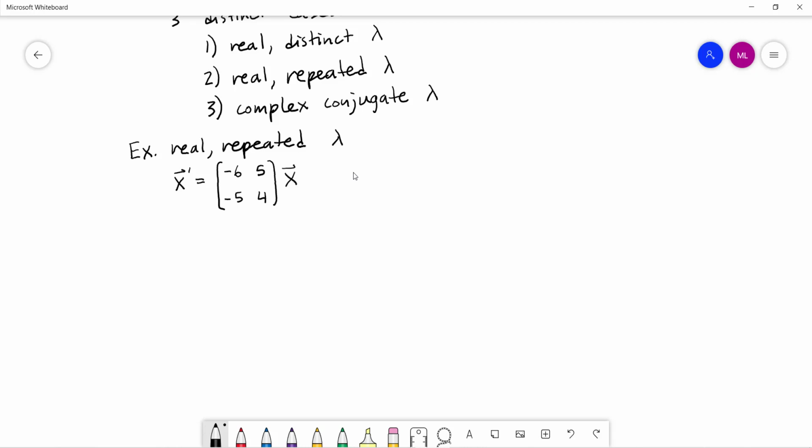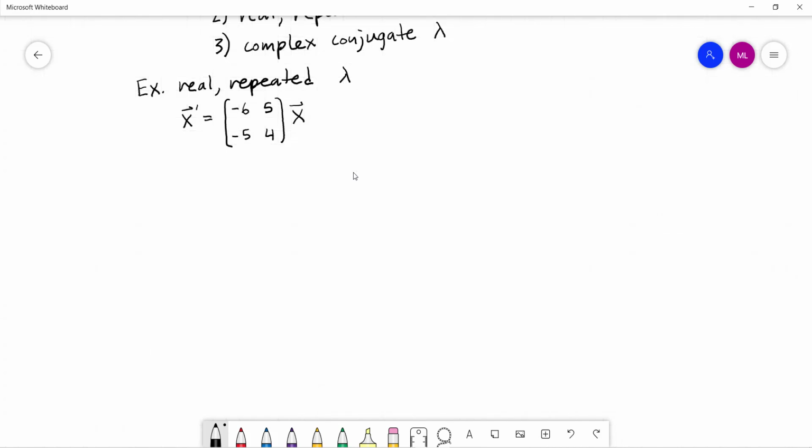So this is the equation that I want to start. So the first thing we need to do is find the eigenvalues. And this is typically how I'll do it. All we need is the determinant of A minus lambda I equal to 0. So that's our starting point.